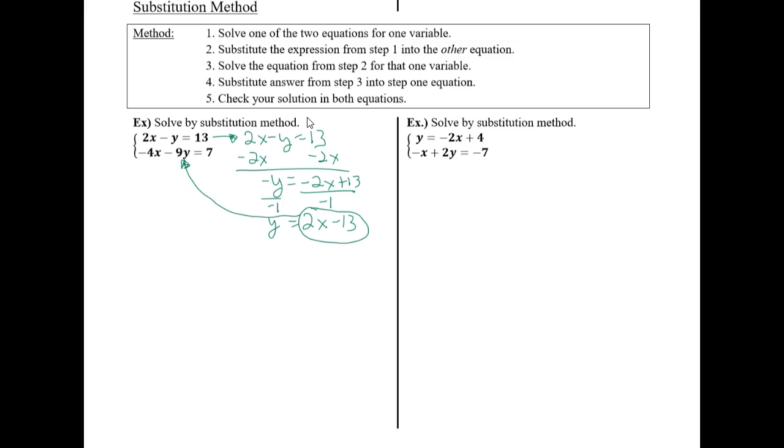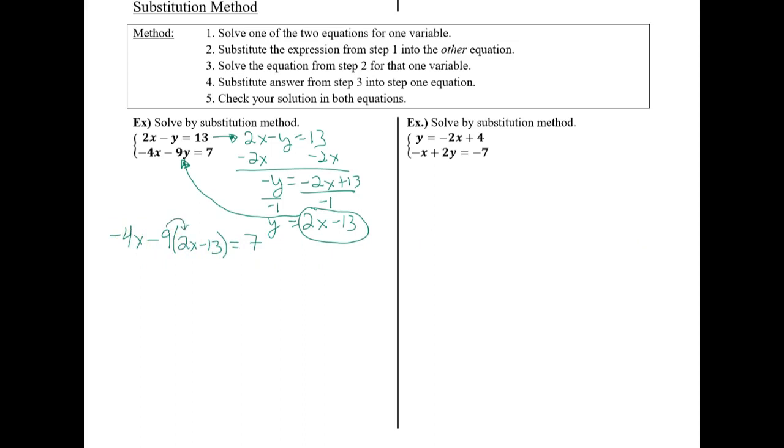I cannot plug it into the equation I got it from. I have to plug it into the other equation. So 4x minus 9, I'm replacing y with 2x minus 13, since that's what y equals, and that will equal 7. Now I have a linear equation with just one variable, and I can solve for x.